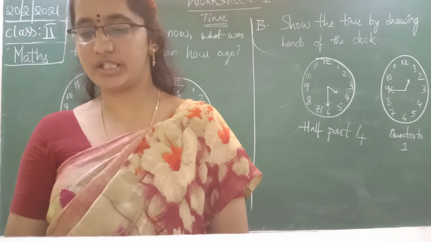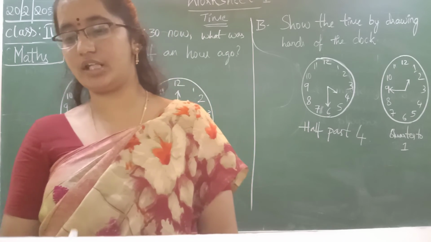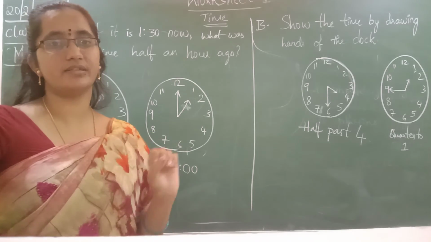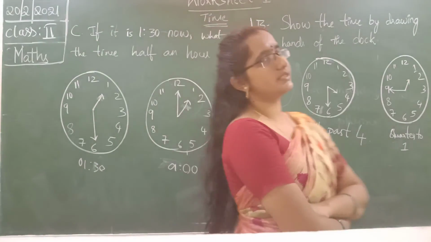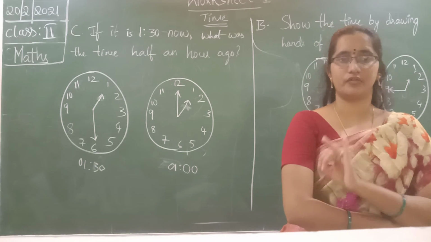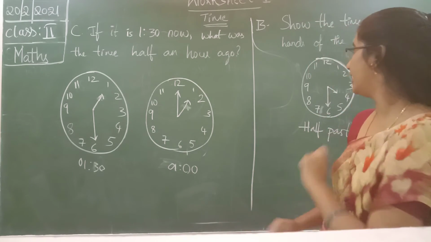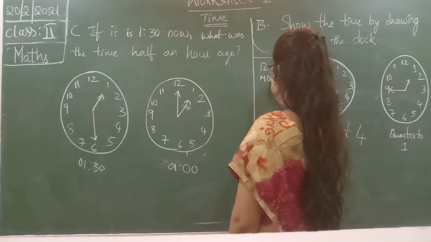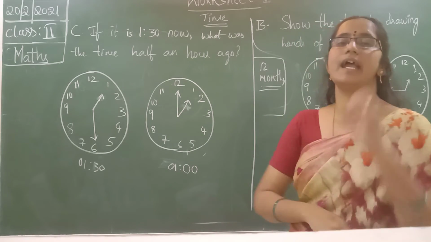See the D bit. Color the months which have 30 days yellow and the months that have 31 days green. We know the months, right? We have learned the months of the year in the time chapter. You know how many months are there in a year? 12 months. Yesterday I gave one question for the homework: a year will have 12 months. What are the months?